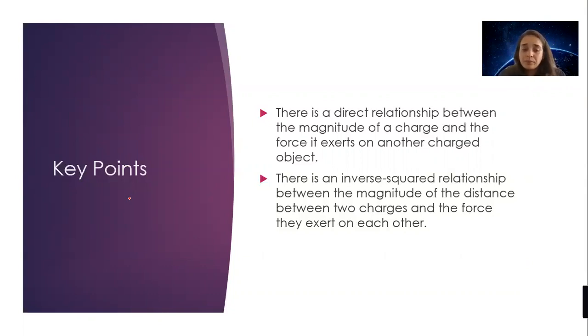And then there's an inverse squared relationship between the magnitude of the distance between the two charges and the force they exert on each other. Like we saw in the previous problem, as the distance between them was doubled, the force became 1/4 of the original. So there's this inverse square relationship.